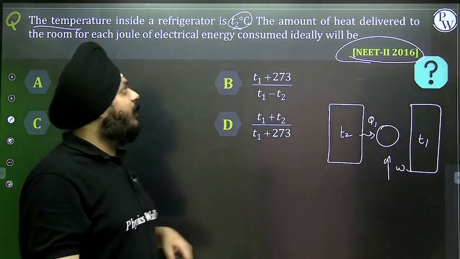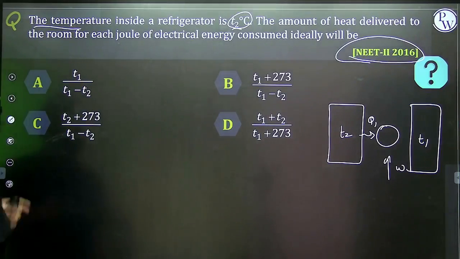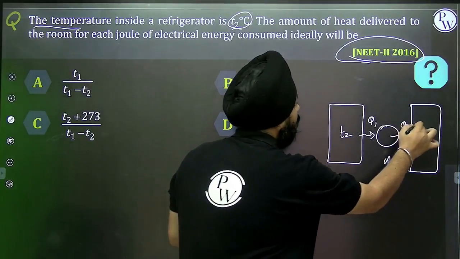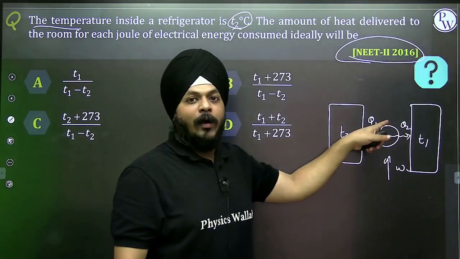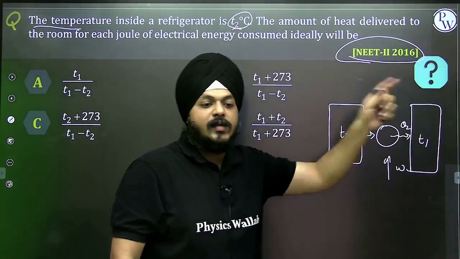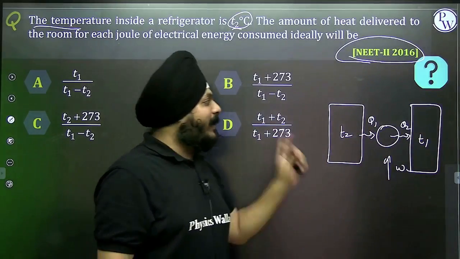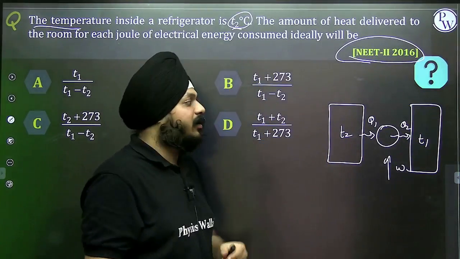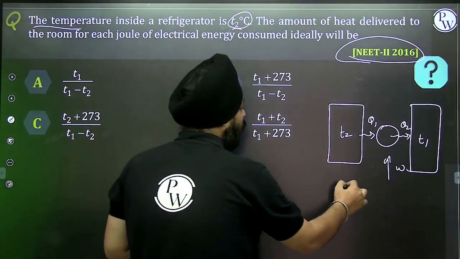The amount of heat delivered to the room per each joule. Q1 is getting pumped out. W is the work added. Q2 is released in the room. Why is it released in the room? To maintain the temperature of the sink. This is a question on the heat refrigerator. What do we need to calculate?